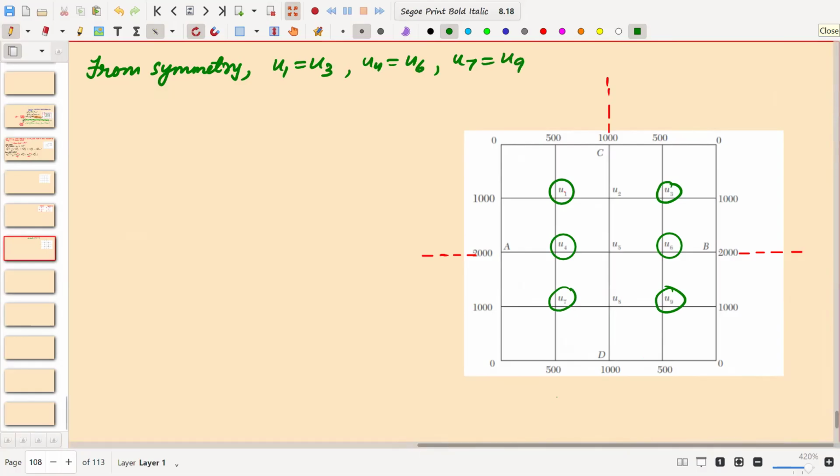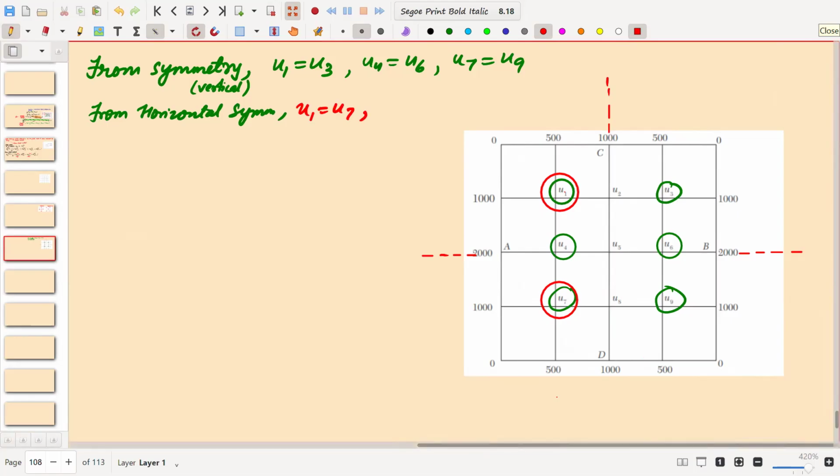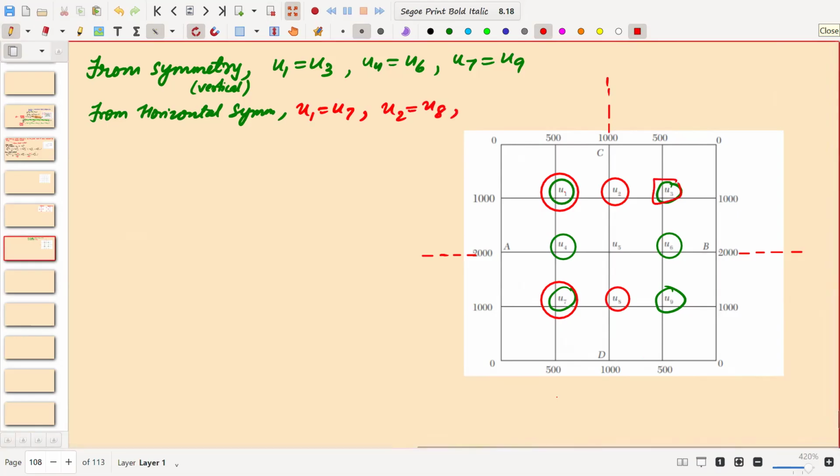Again, from symmetry, from horizontal symmetry, what else do we have? U1 is equal to U7. U2 equal to U8. U3 equal to U9.